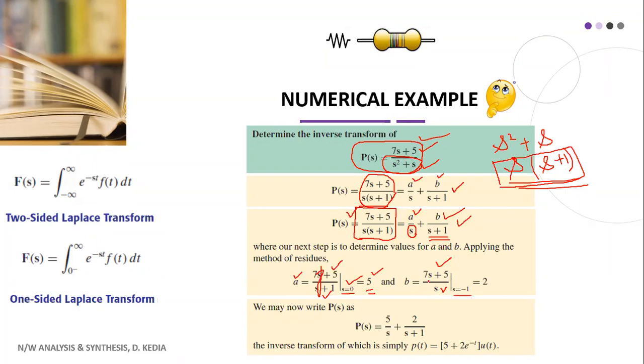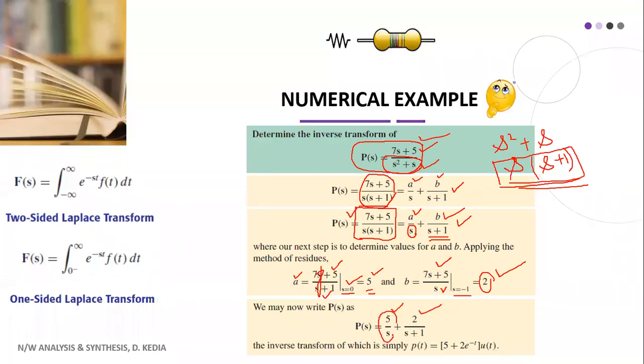If you substitute minus 1, 7 into minus 1 is minus 7 plus 5, that is minus 2. And in the denominator you have minus 1. So minus 2 by minus 1 is nothing but 2. So your A is 5 and your B is 2. So you simply put A as 5, B as 2.